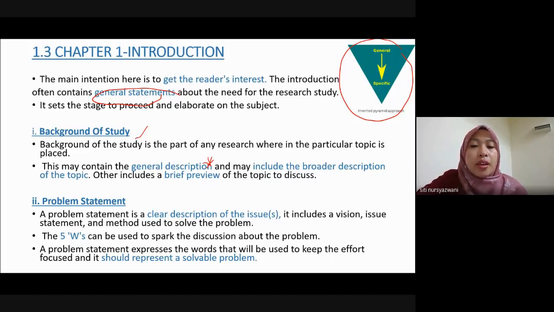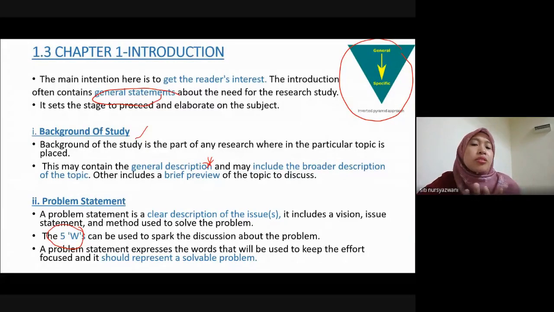Problem statement is actually a clear description of the issue, and it includes a vision, issue statement, and also the method used to solve the problem. And you also can use 5W here. 5W is actually who, where, when, what, why, and also another one is how. Okay, so you boleh guna 5 W's and 1 H ni sebagai to tanya apa problem statement dalam you punya project ni.